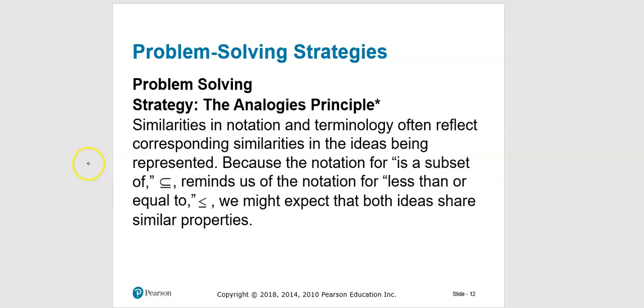And so it's worthwhile to note, we're going to have a lot of symbols in set theory that resemble symbols that we've used before whenever we're talking about numbers. This subset one should be reminiscent of less than or equal to.